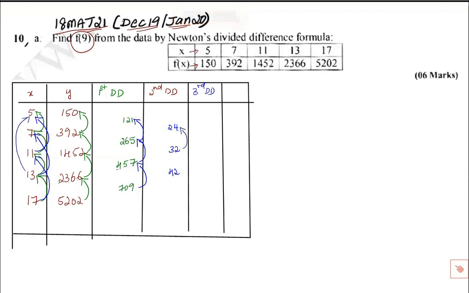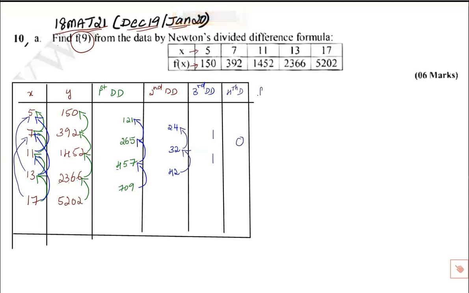You will get 8 divided by 8, that's equal to 1. And 42 minus 32, that is 10, divided by 17 minus 7, that's again 10. So 10 by 10 is 1. And the fourth divided difference is 1 minus 1, numerator is 0, divided by 17 minus 5, that is 12. 0 by 12 is 0.